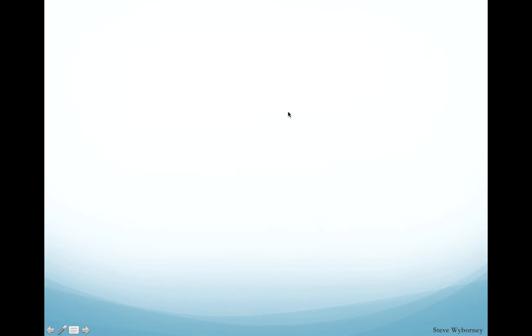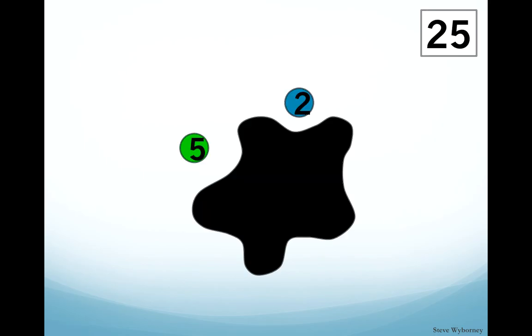All right, let's try another one. The total is 25. Now I'm only showing you 7. How many sets of 2s and how many sets of 5s will you need? Well, first, you should figure out that there are 18 hiding, right? So how can we represent 18 with sets of 5s and sets of 2s?